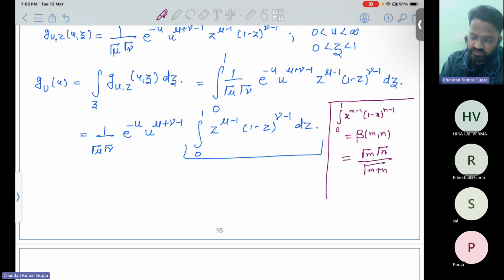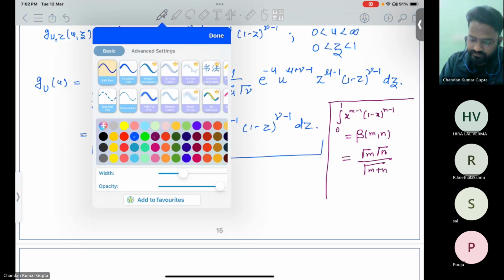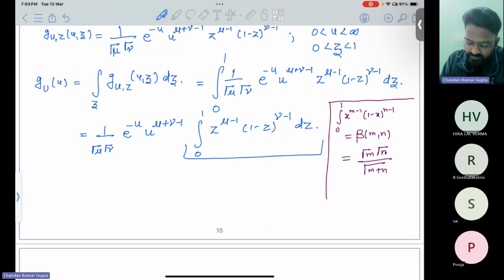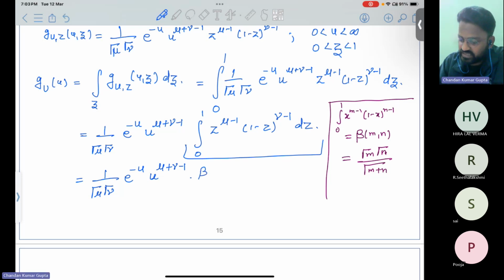That means it is like 1 upon gamma mu gamma nu, e to the power minus u, u to the power mu plus nu minus 1, into beta of mu, nu.